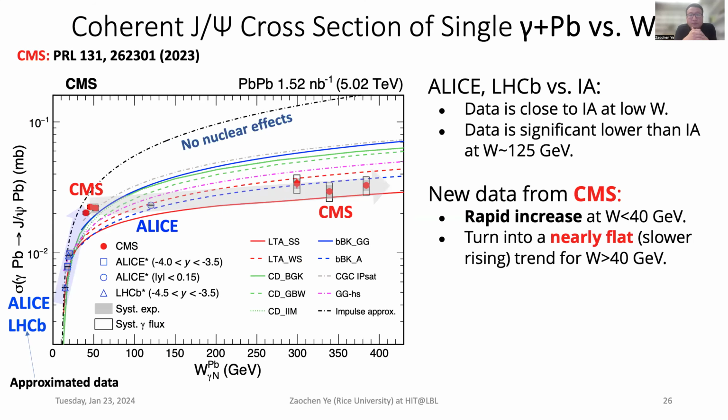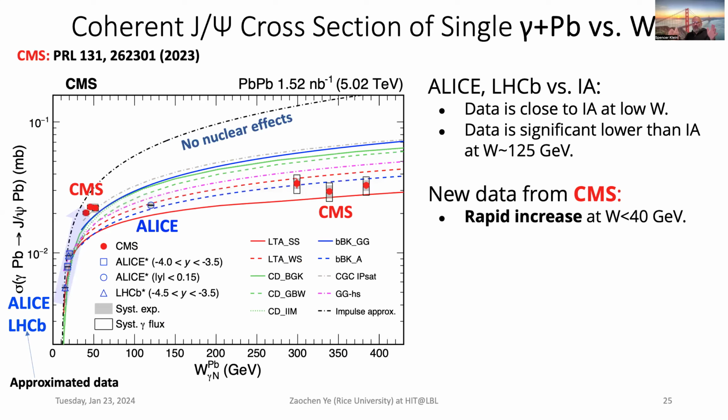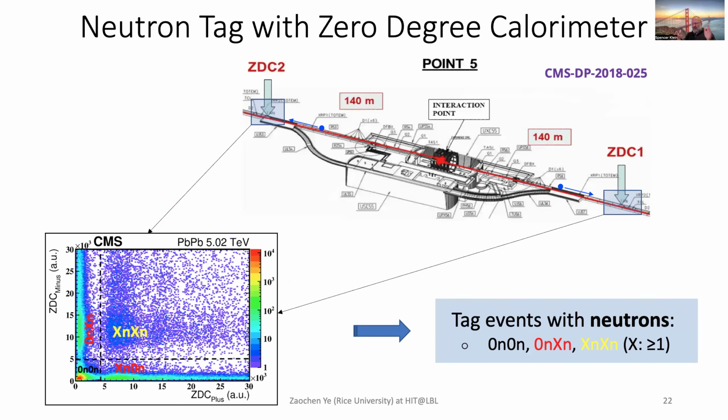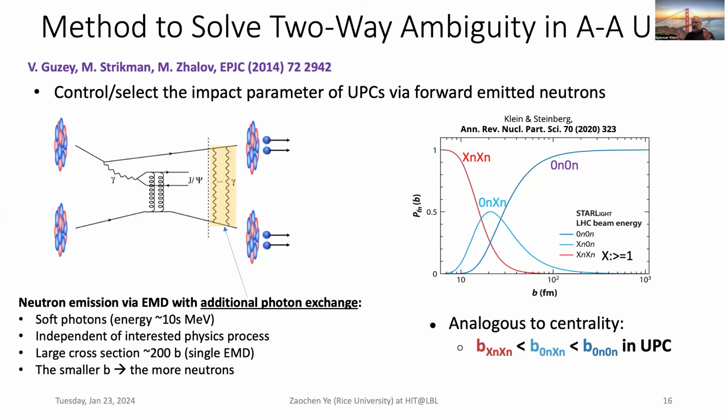I think you are actually talking about the photon flux uncertainty, right, Spencer? The photon flux, if you produce a J/psi that takes one photon, I'm talking about the additional photon flux to excite one of the nuclei to get 0n, xn or xn, and that depends on a bunch of theoretical inputs.